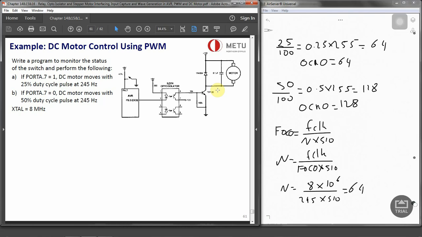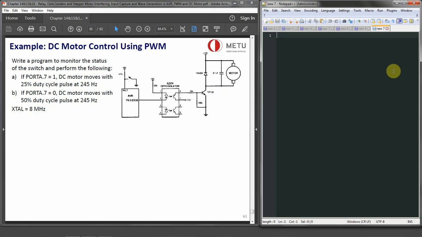And that's going to be our prescaler. Now all we need to do is to write the code for it. We start with DDRB, so port B3 is going to be an output. So we can set DDRB 3, and port A is an active pull-up.